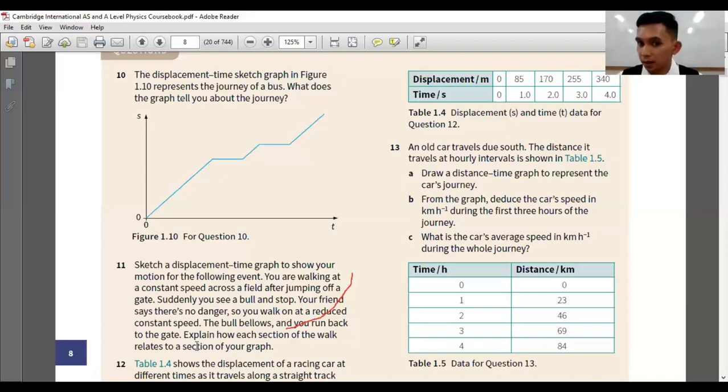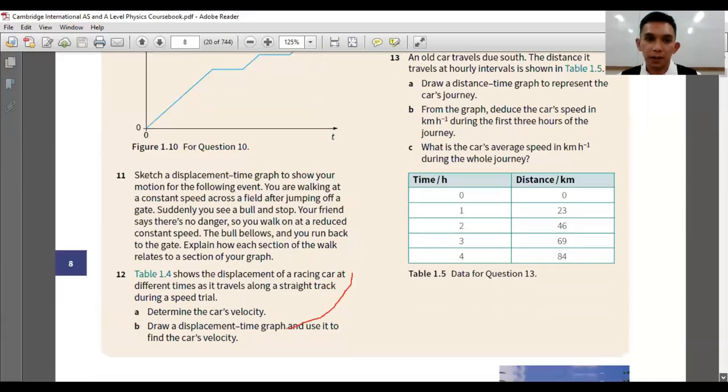So after you make the graph, you need to explain each section, whether you are having constant velocity, or you stop, or increasing velocity, something like that. So after you make the graph, you need to describe.